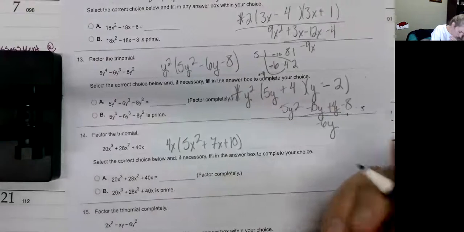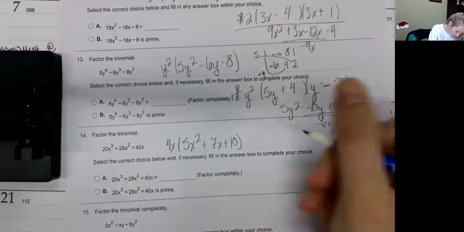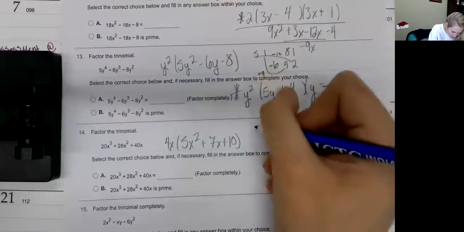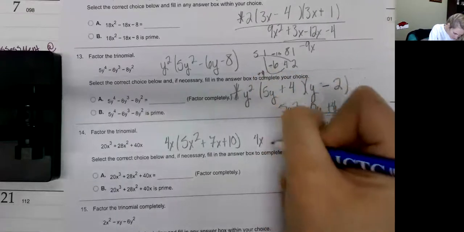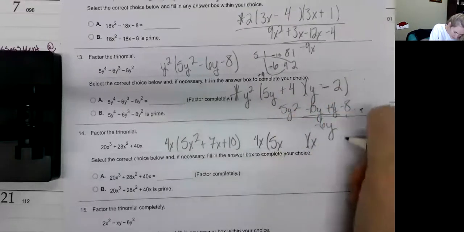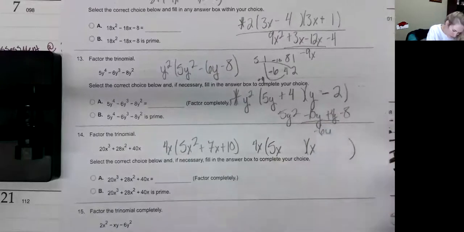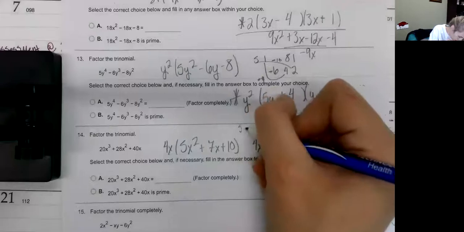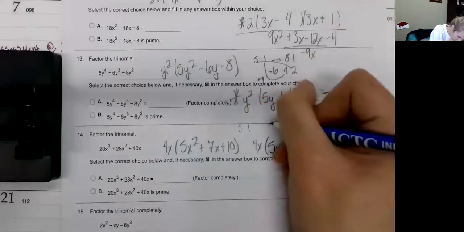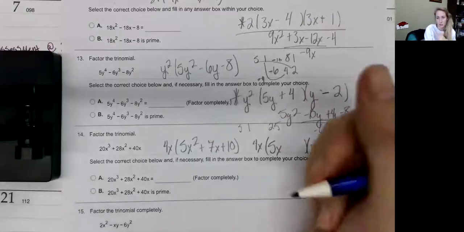Factors of 5 and 10 that add to get 7. So let's see. I have a 5x and a normal x. Let's see, 5 and 1, and then we'd have 2 and 5 because 10 plus something's going to be bigger than 7.